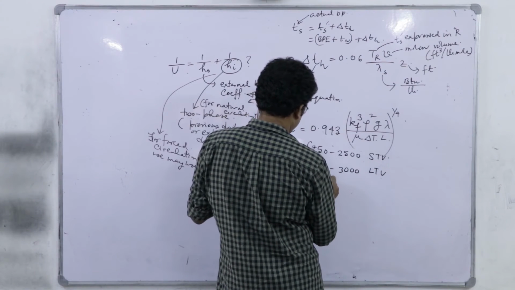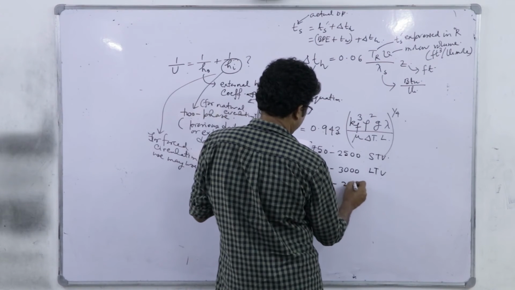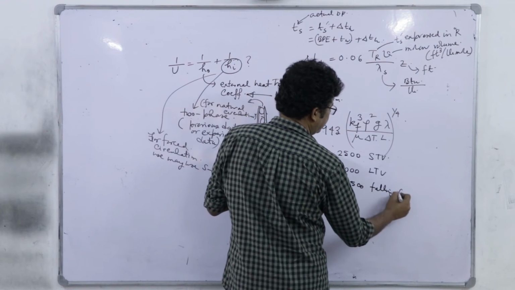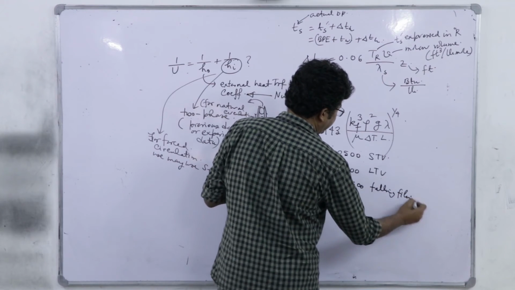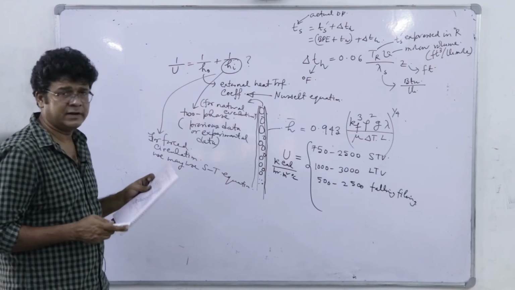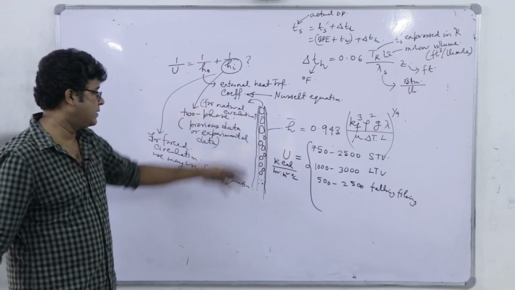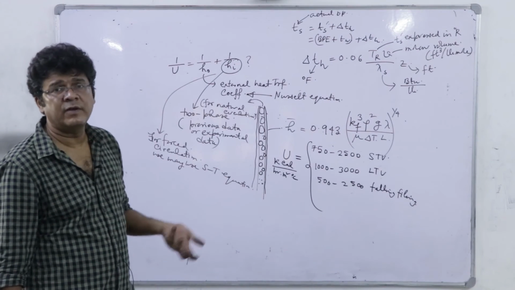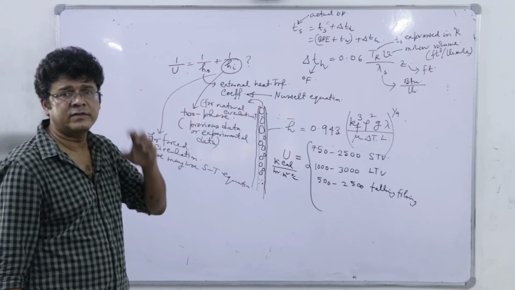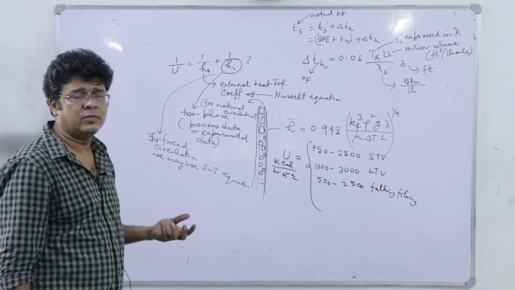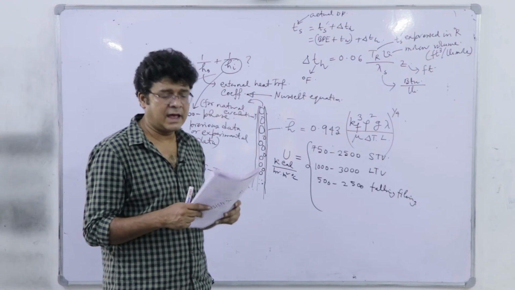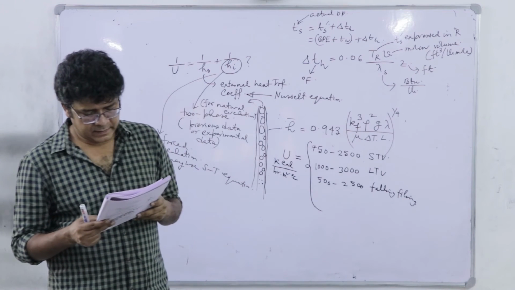For falling film it is 500 to 2500. So you can understand that long tube vertical has a much higher overall heat transfer coefficient than the short tube or falling film which we have discussed, because internal to the tube it's full vapor generation, there is a tremendous volume flow rate enhancement, and as a consequence we have a very high velocity.